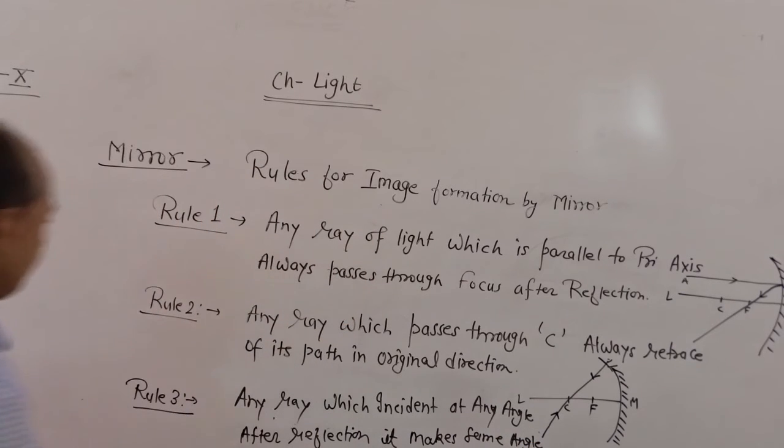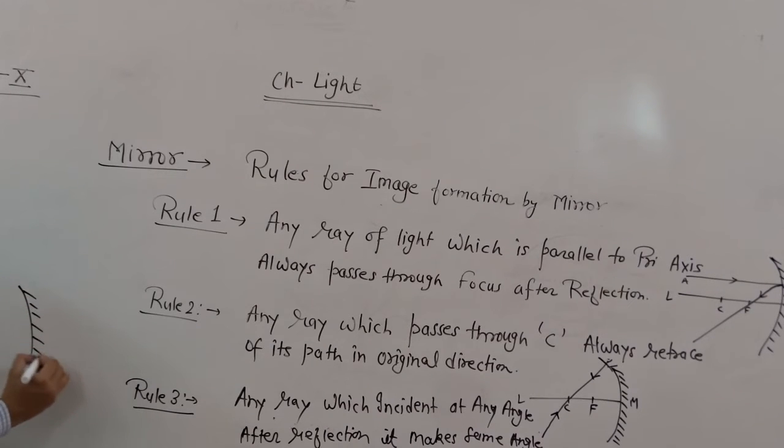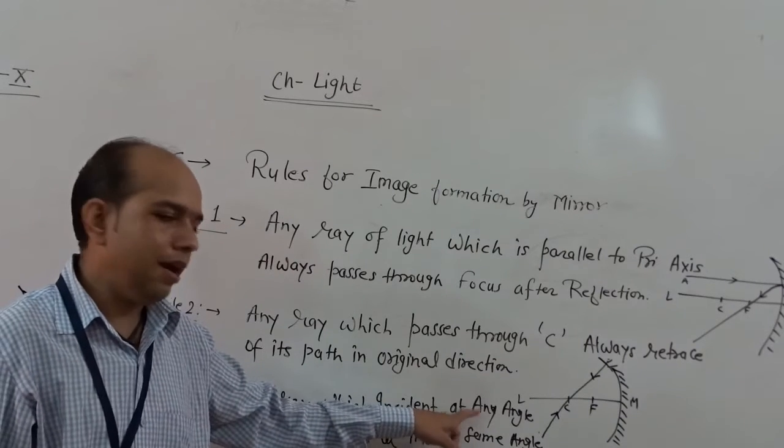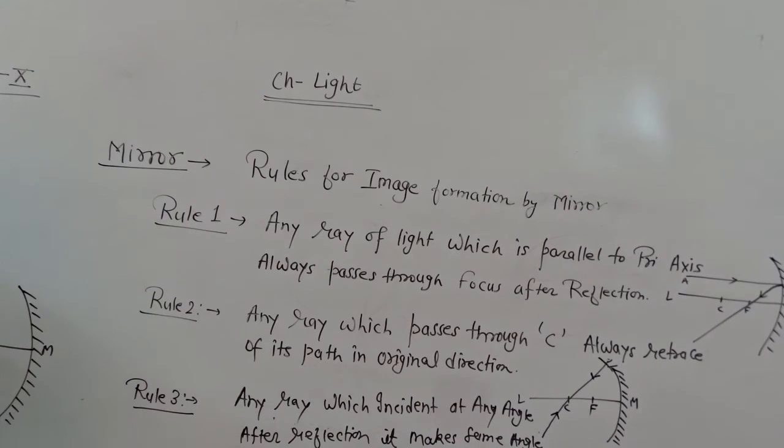That means if I draw one more ray diagram, again LM indicates the principal axis. As per the law, any ray incident at any angle, suppose a ray of light making 30 degrees at the pole, after reflection it again makes 30 degrees.